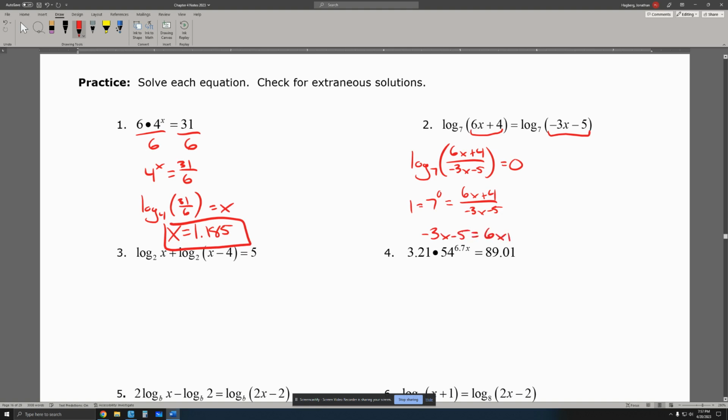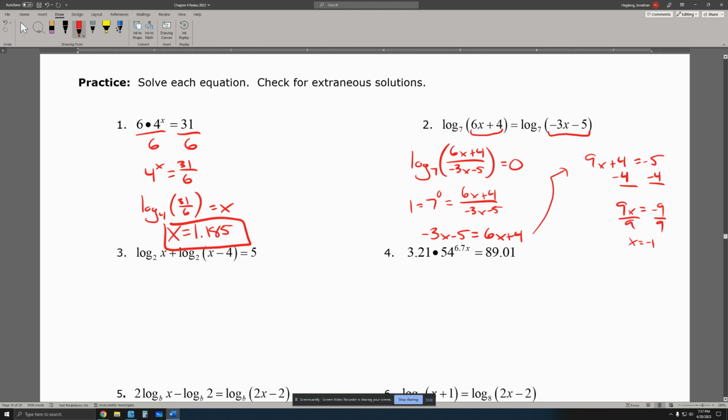We get that the arguments of those original logs are equal to one another. Adding 3x to both sides, we get 9x plus 4 is equal to negative 5. Subtracting 4, we get 9x is equal to negative 9. And then dividing both sides by 9, x is equal to negative 1.